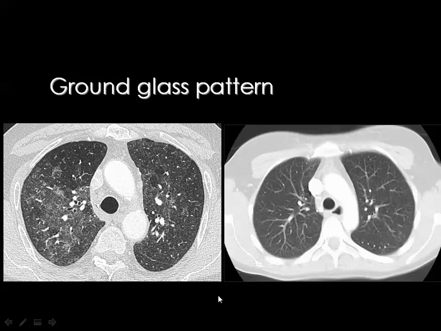Then we have an extra pattern, which is known as the ground glass pattern. By ground glass pattern, we mean that there is diffuse veiling and increased density of the lung parenchyma with preservation of the bronchovascular markings. To appreciate this pattern, you can compare with the normal lung here.